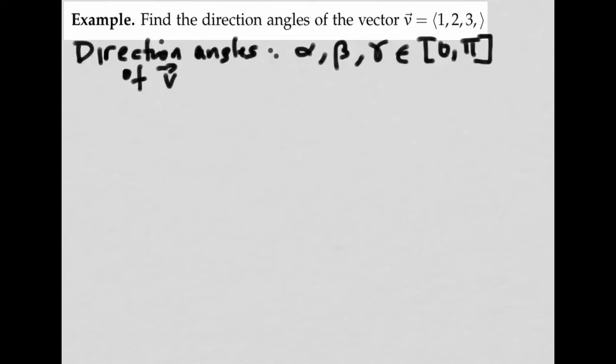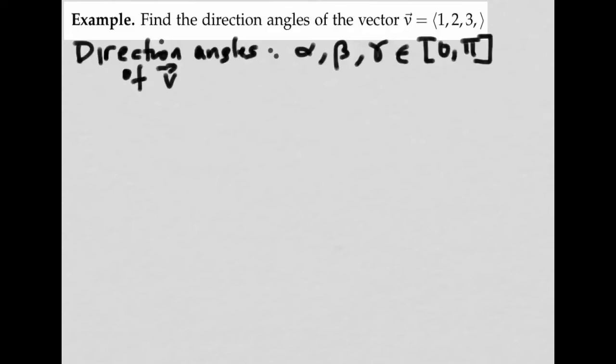Alpha is the angle between the positive x-axis and v. Beta is the angle between the positive y-axis and v. And gamma is the angle between the positive z-axis and v.